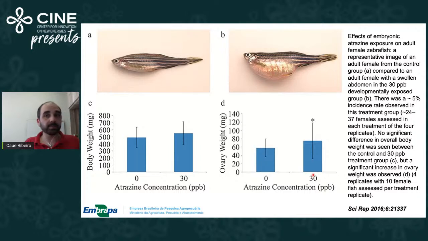These effects are well known. We know that they are associated to the disposal of this atrazine from corn production to the water bodies closer to production of these crops.